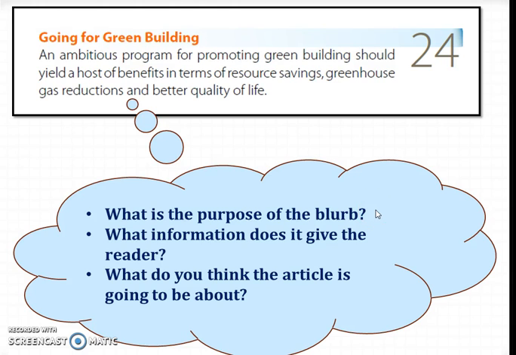What's it trying to tell the reader? What information does it give the reader? Well, it's going to be about promoting green building. It should yield, so it's going to have a recommendation. And it's going to be about resource savings, greenhouse gas reductions, and a better quality of life. And here I begin to think, what do I think this article is going to be about?